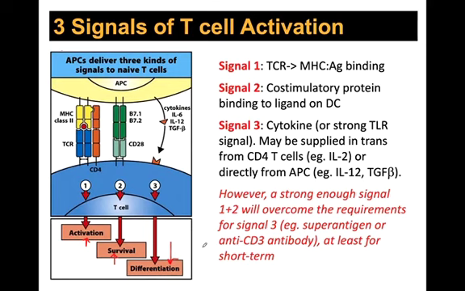These are proteins expressed by bacteria that force engagement of T cell receptors with MHC, and that can activate a T cell, but that's not terribly common. Some of the staphylococcal varieties will do this. Or you can do it with anti-CD3 antibody, but that's not something you do in vivo. That's something you do in a tissue culture dish. You can get activation of T cells in those ways, but most of the time, it's not physiologic.